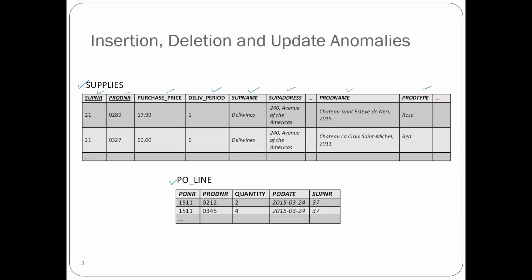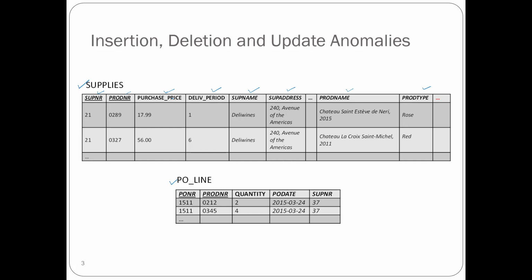Now we need to understand this relation supplies. In this relation, we have the information about the supplier as well as the information about the product. The first attribute type that you're looking at is supplier number, or SUPNR. And the second attribute type here is PRODNR, which is product number. So we need to understand the assumption behind this relation.